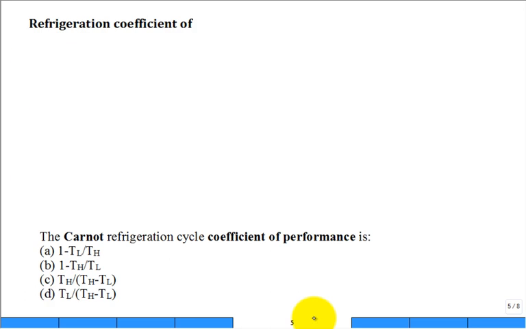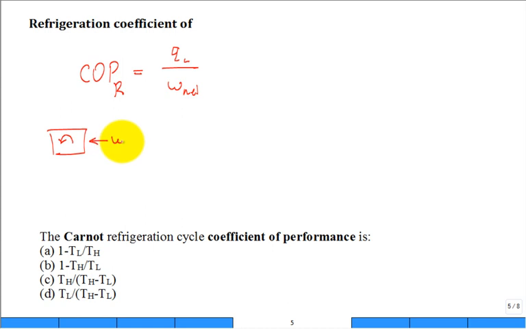All right. So that's the coefficient of performance. The coefficient of performance for a refrigeration cycle is the Q that you're bringing in from the low temperature, QL, divided by W net. We go back to the overall system operating in a cycle. W net is provided, and it's going to be able to pull QL out at TL, and then from the conservation of energy, I have to dump off some QH at TH.